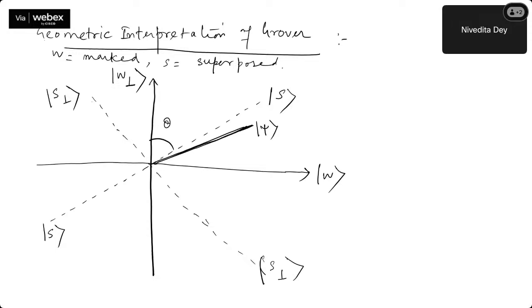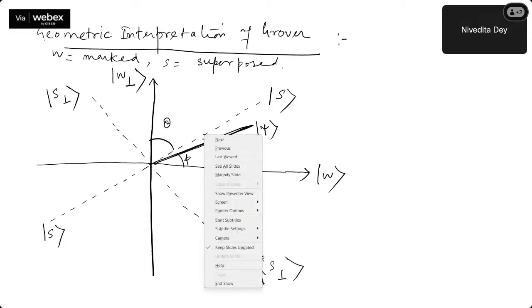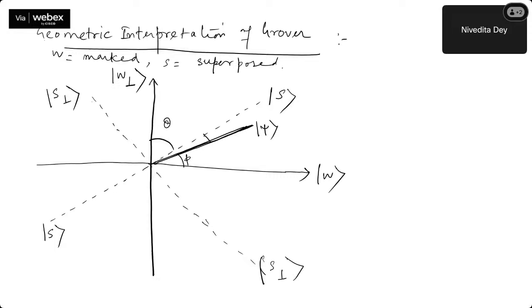So if this is theta, then the phi is making a particular angle with respect to W. First, you must be getting what is the value of this angle. If this is pi by 2, then this entire angle should be pi by 2 minus theta.